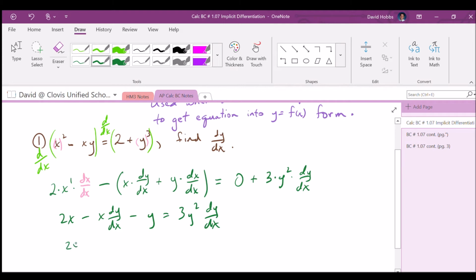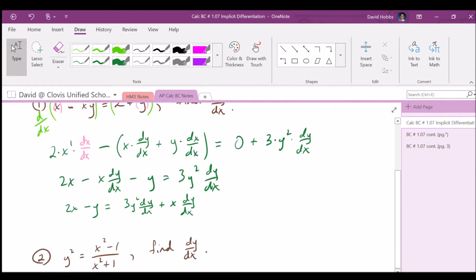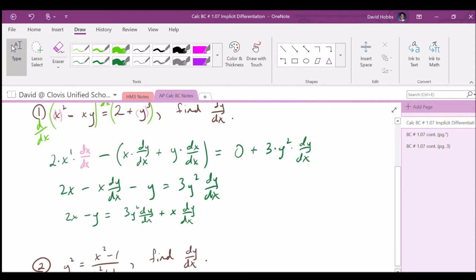So we have 2x minus y equals 3y squared dy dx plus x dy dx. Now, probably most of you are noticing there's going to be a GCF of dy dx. Well, sure. So we do need to go ahead and take advantage of that.